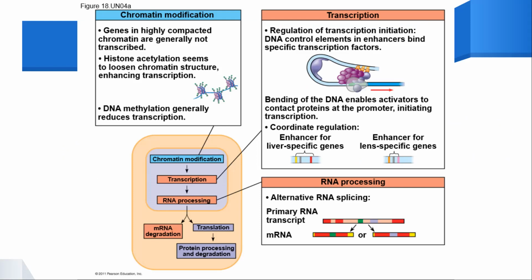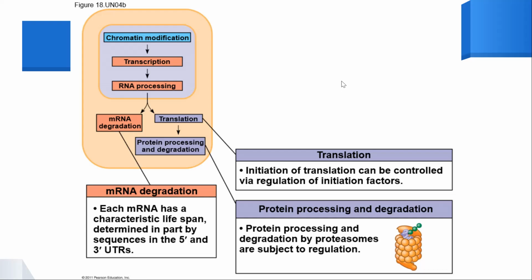We can then also modify the RNA that's being produced, so RNA processing. When the RNA leaves the nucleus, we can then regulate translation and how long the messenger RNA sticks around. And after translation has taken place, we can modify the proteins and regulate how long they stick around.